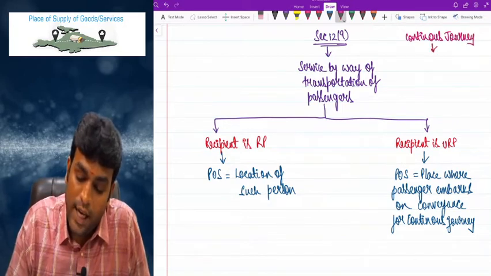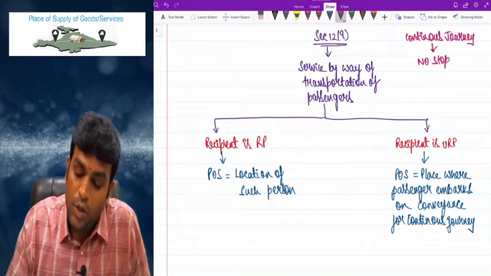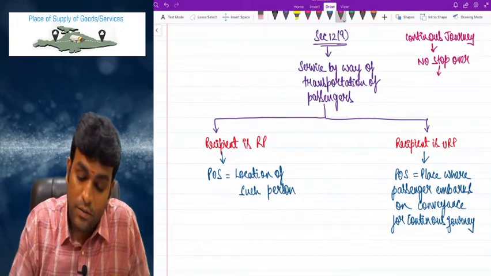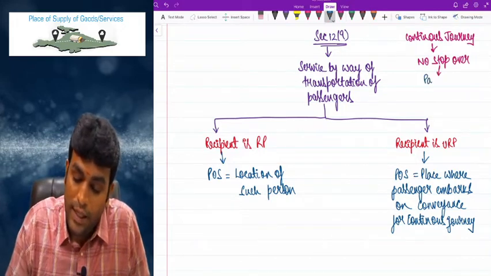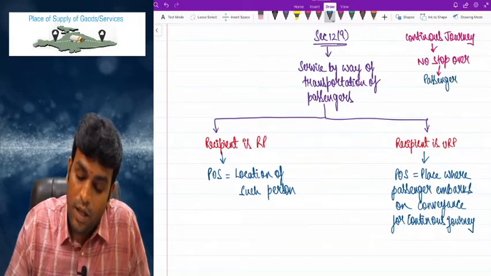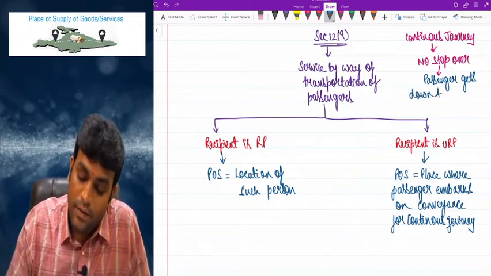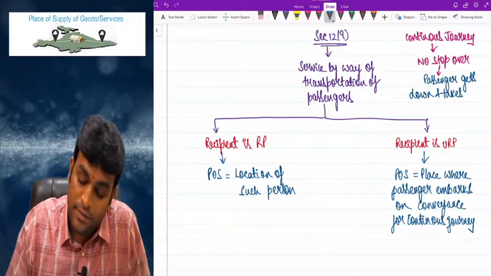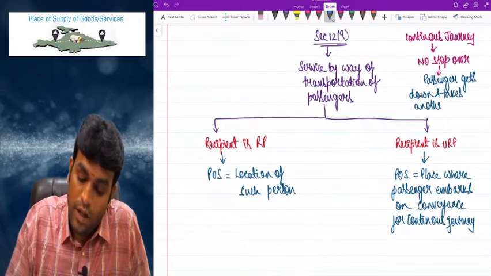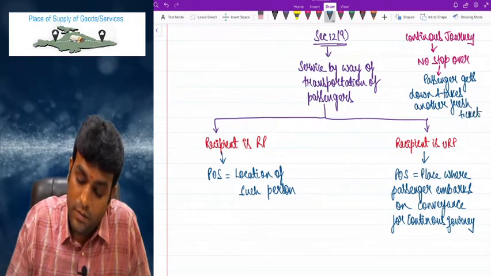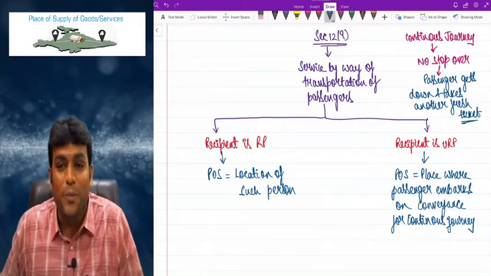Continuous journey is a case where there is no stopover. Stopover basically means the passenger gets down and takes another fresh ticket. That is the meaning of stopover.